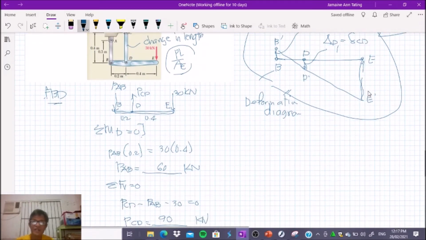Okay. So, we will now have deformation. Compute for the deformation.